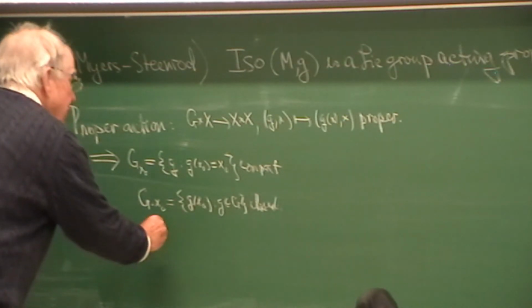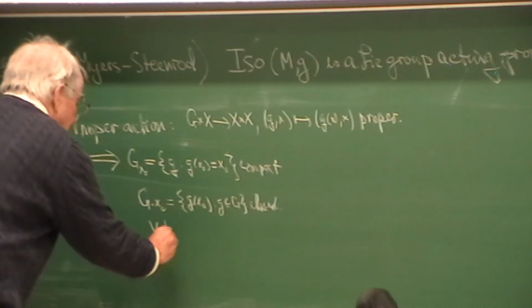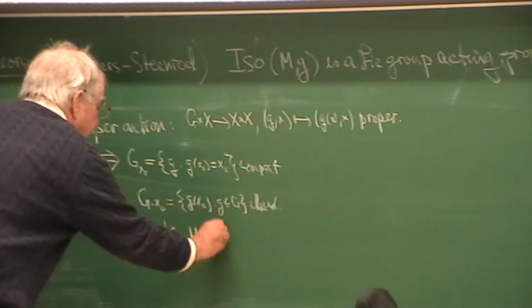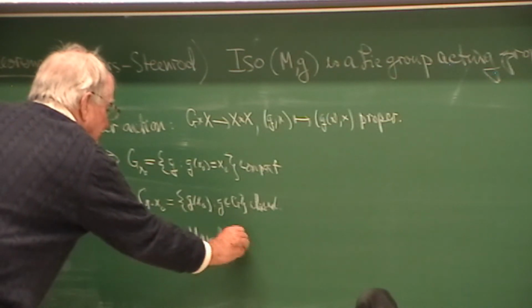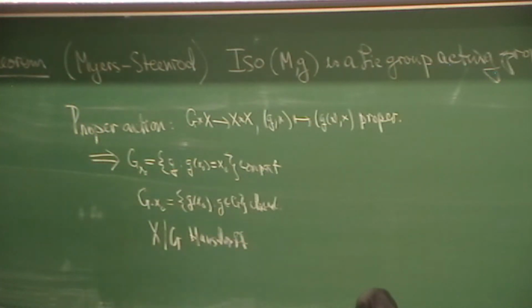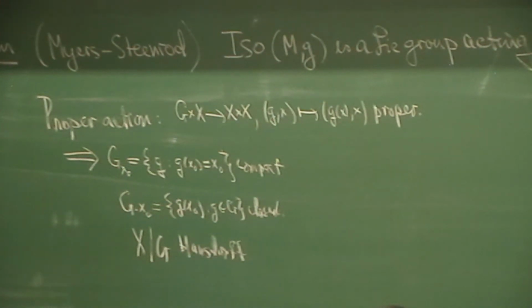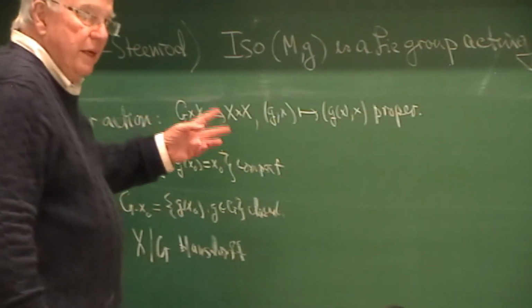It also means that X modulo G is Hausdorff in the quotient topology. So you write down this wonderful condition of properness, and it really means these three things. And I'm never sure if that's equivalent, but it's close. Those are the three things you really want: the isotropy is compact, the orbits are closed, and the quotient is Hausdorff. So the action is proper, it's a Lie group, it couldn't be better.